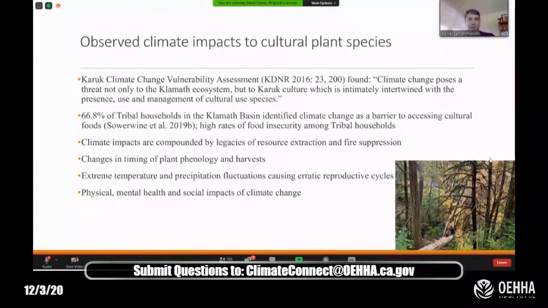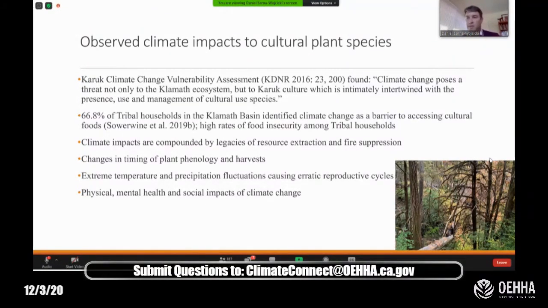So in a survey that was published in 2019 by Jennifer Sauerwein and colleagues of over 700 tribal households in the Klamath Basin, they found extremely high rates of food insecurity. 92% of tribal households are technically food insecure. That means running out of food, having to skip meals, running out of money to buy food, and 52% of tribal households are considered to be experiencing very low levels of food security.